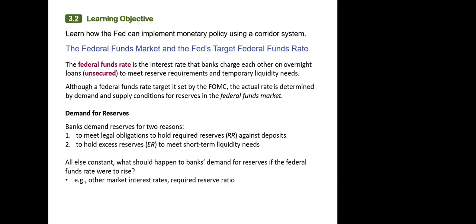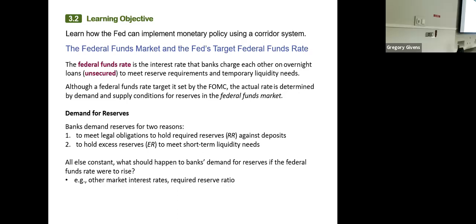Jameson, let's say Jameson is thinking about lending in the federal funds market. Jameson, if you see that the funds rate is going up, how does that affect your behavior as a lender? You're even more desirous to lend. Why? Because if you hold on to those excess reserves, then you're facing a higher opportunity cost.